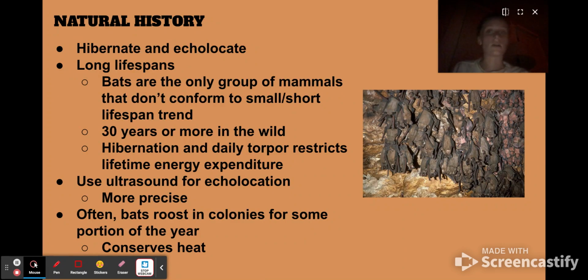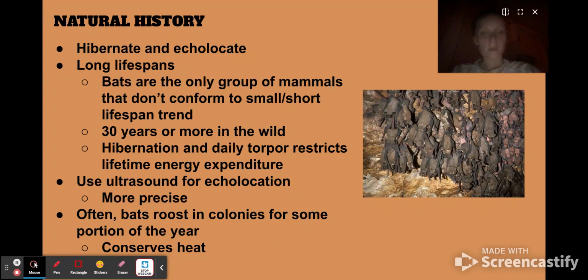But with echolocation, they're able to use ultrasound, which is a higher frequency, so they get a more precise read of what the prey is, how big the prey is, where it is, which helps them to catch it and be more efficient at feeding.